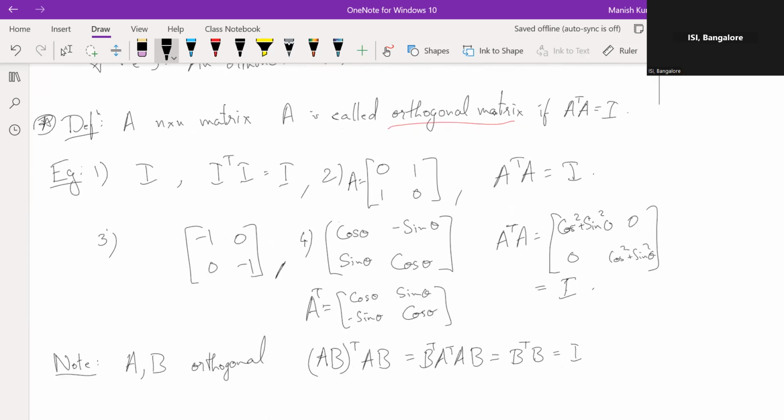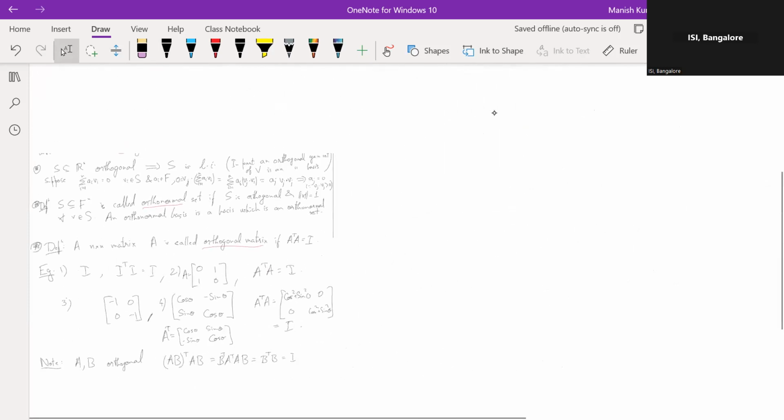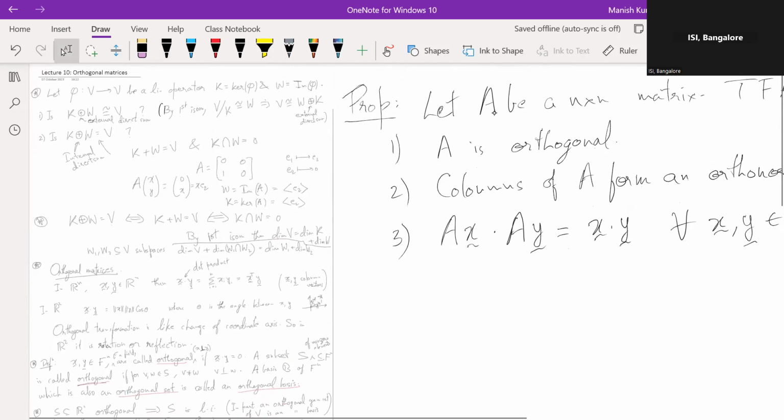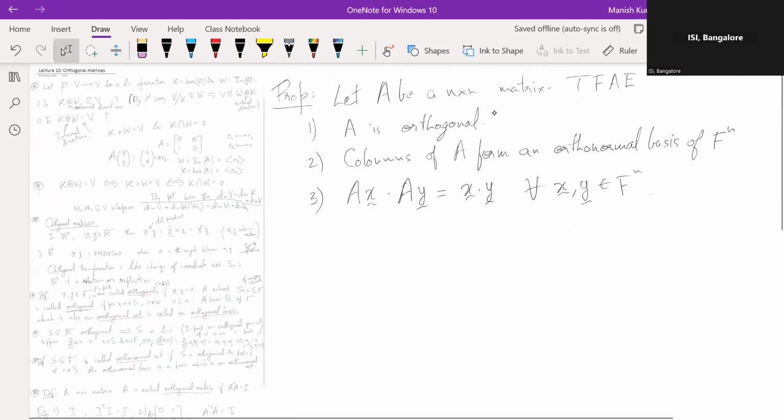So it looks complex. In R2, for instance, we used rotations to figure out what all the orthogonal matrices are. In general, characterizing them is a bit complicated, but we'll see some easy characterizations, in terms of orthonormal bases and so on.